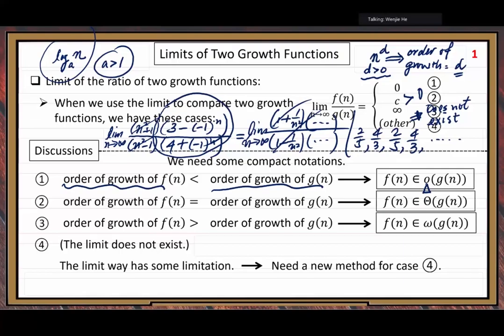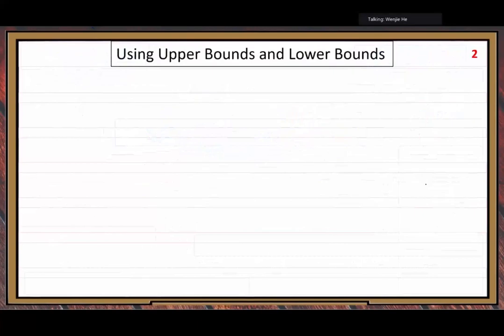So the next question, what is the method we want to use to study case 4? Using upper bounds and lower bounds. This time we need to avoid limits. So we use inequalities.